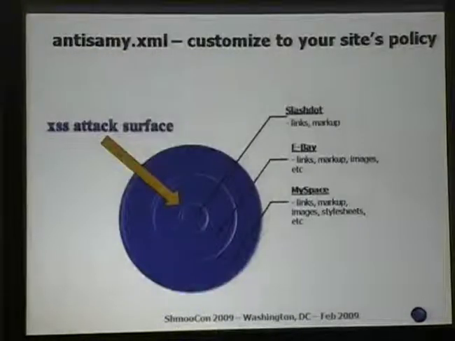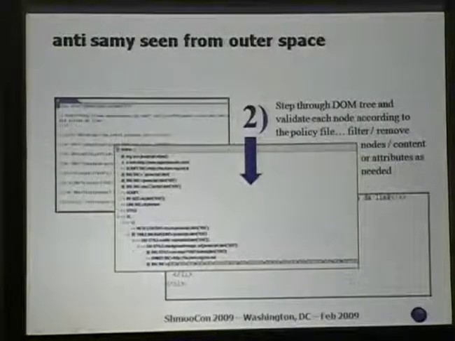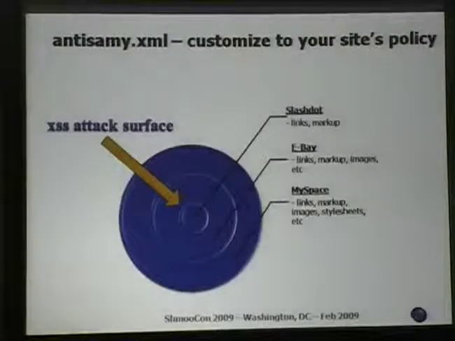So now we step through, according to the policy, and rip out the things that aren't specifically, explicitly set to be there. Think about the different attack surface that sites expose themselves to. Slashdot only allows you to have comments, and they only allow underline, bold tags, and links, anchors. So obviously they have a much smaller attack surface than, say, an eBay or a MySpace, where they allow you to put in all different kinds of stuff.